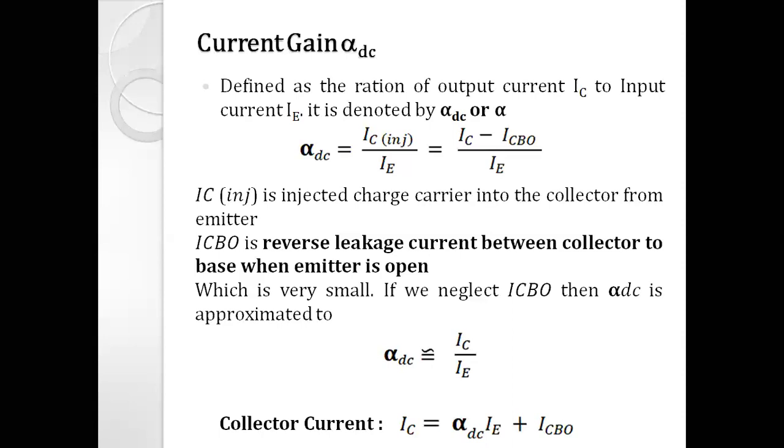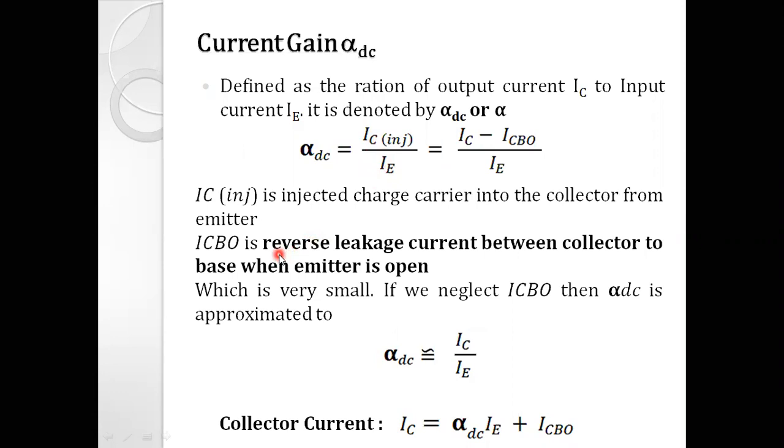So our output quantity and input quantity may change. For the common base configuration, the current gain alpha DC is the ratio of collector current and emitter current, where the emitter is the input in this configuration and the collector is the output terminal. In the common base, the base is made common between input and output. So current gain is output current divided by input current.